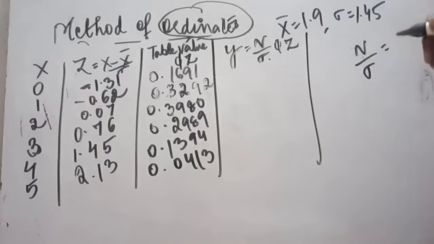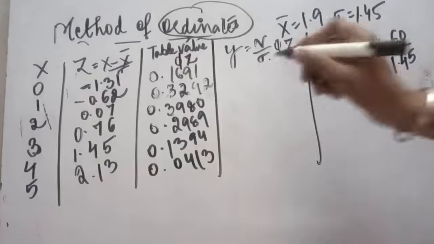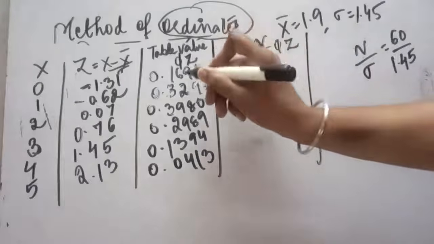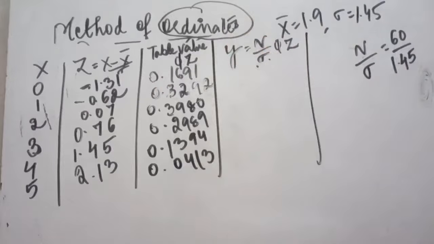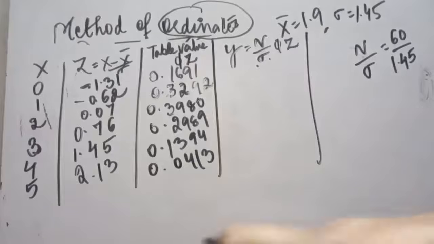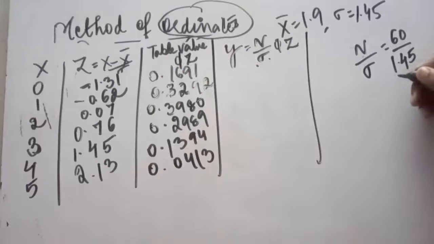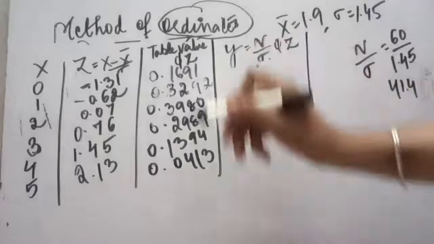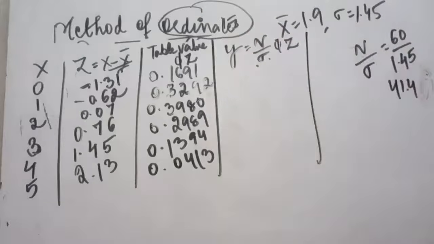In this question, the total frequency n was 60, divided by our standard deviation, which has come out to be 1.45. So directly you can calculate this value and multiply it with this. 60 divided by 1.45 comes out to be 41.4. So we can multiply this column with 41.4.